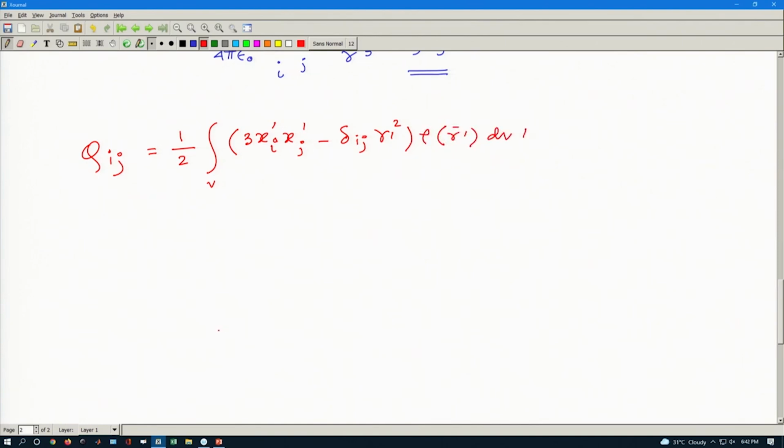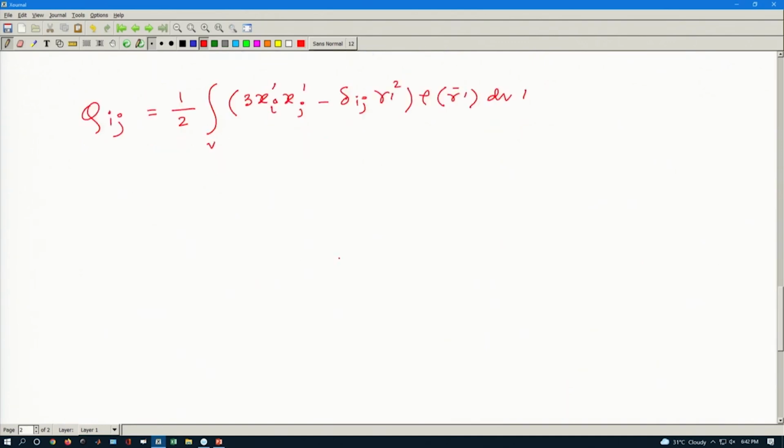So this is the value of the quadrupole tensor, and this is the ij component. So there should be 9 components like this. So Q_ij is our quadrupole tensor.